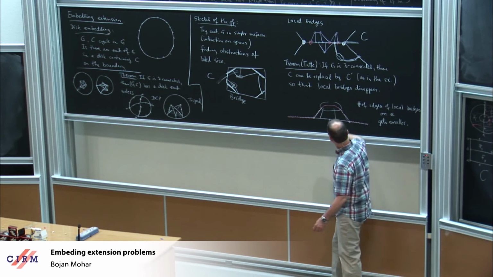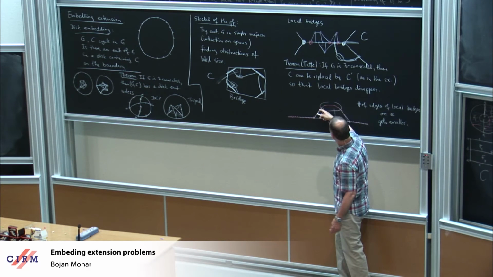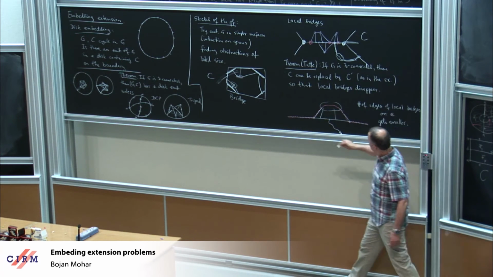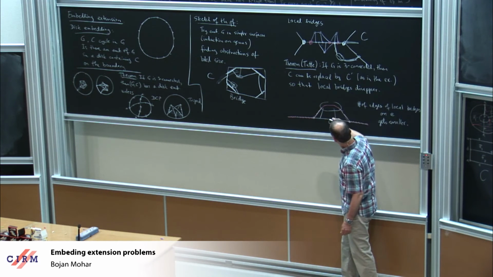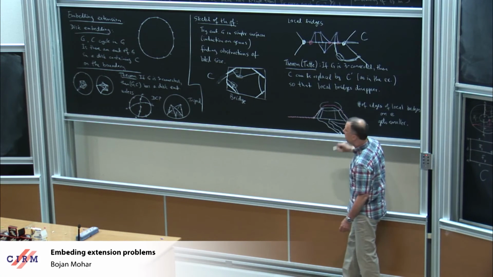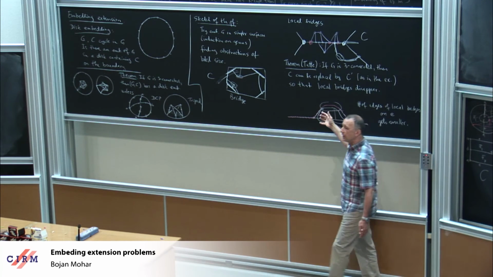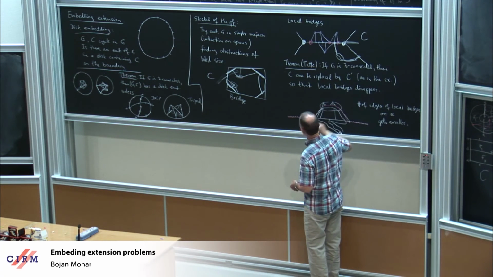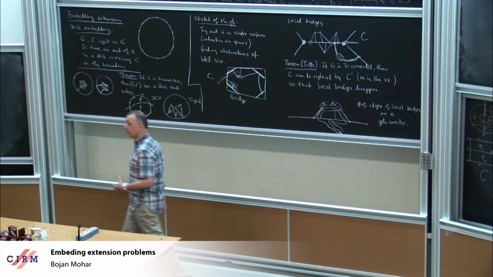Why is this? Well, before, all these were edges in such a local bridge, but after we do this change, you see this merges into a bridge which is part of a non-local bridge. So you lose some of the edges. Of course, you may get more local bridges here, but the number of edges in all local bridges goes down.